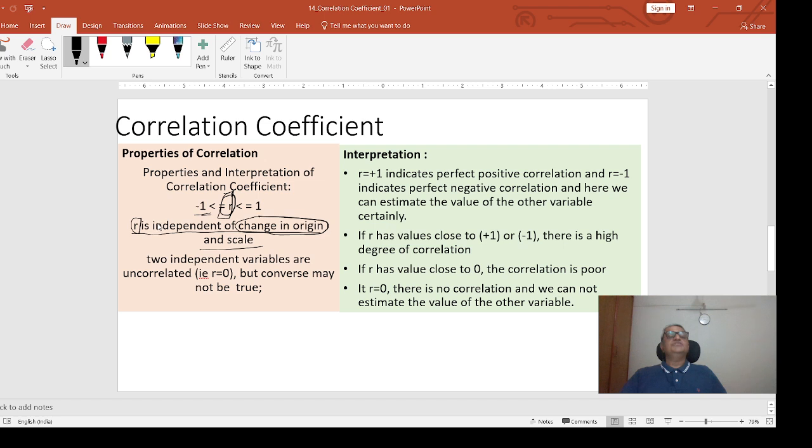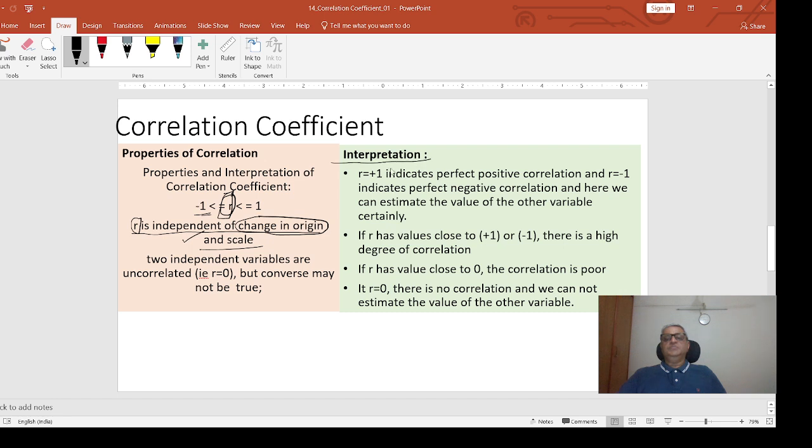Correlation coefficient will continue to remain the same. And the same is true with scale. If we multiply all the observations in X or all the observations in Y by a constant value, then R doesn't change. Okay. If you get a value of R as 0, then the two variables are independent variables. They are not correlated to each other.